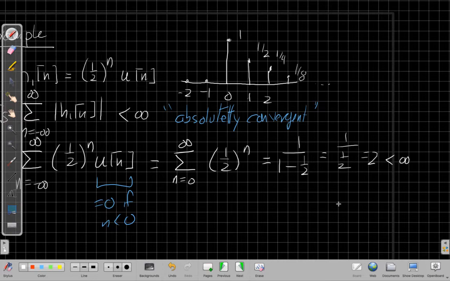So based on this, since the sum of h of n converges, the system is stable.